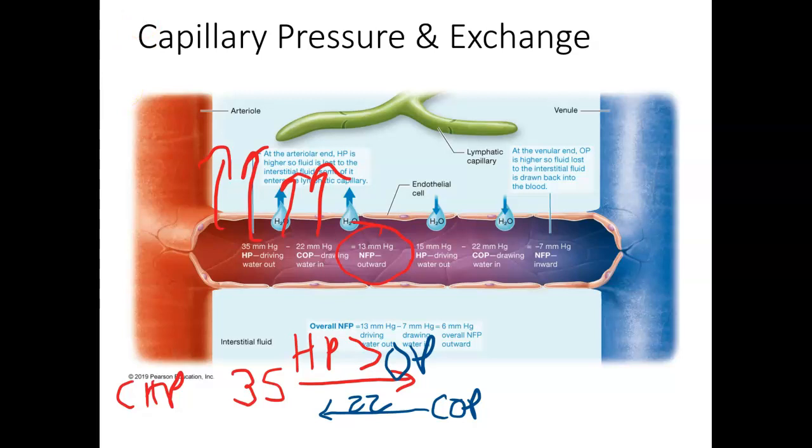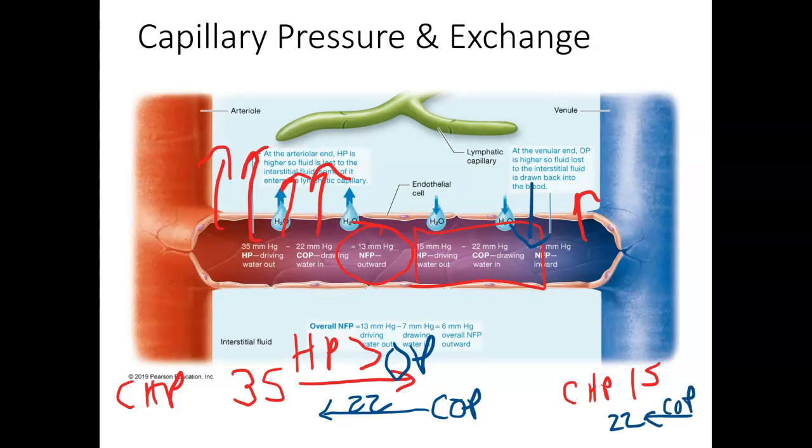However, as we come over to the venule end, my capillary hydrostatic pressure is falling. It's down around 15, and that's the force pushing things out. But my osmotic pressure pulling things back in doesn't change.